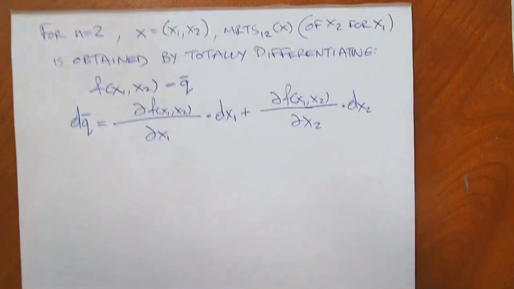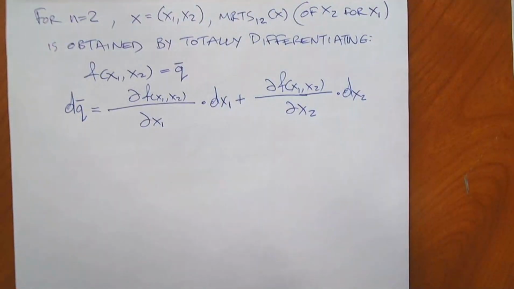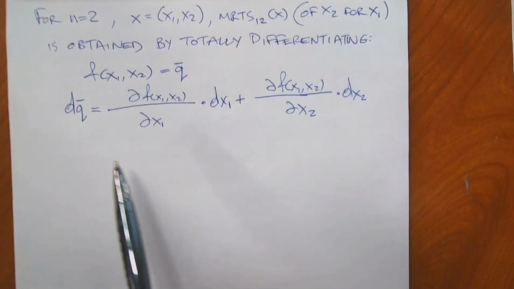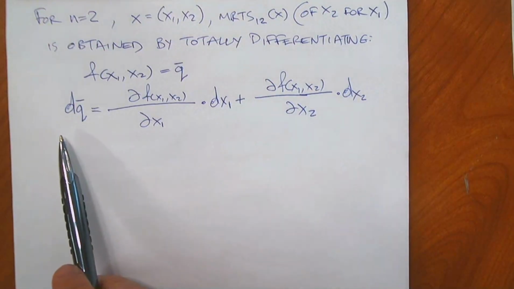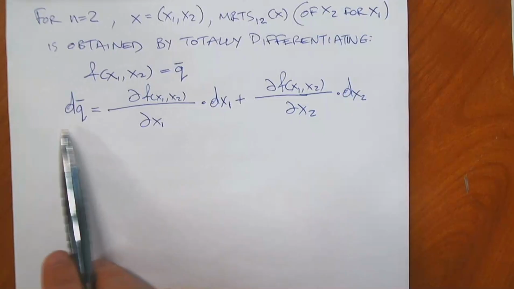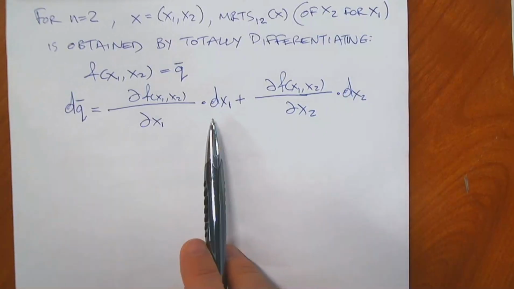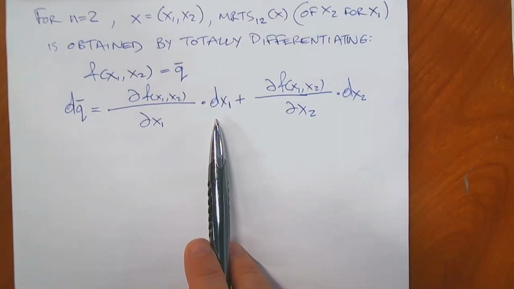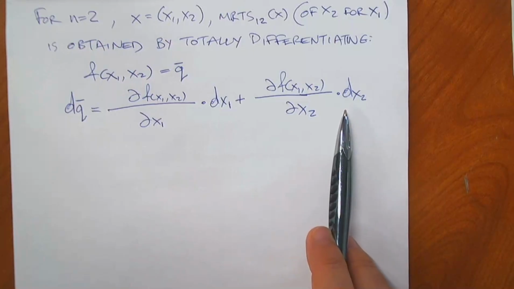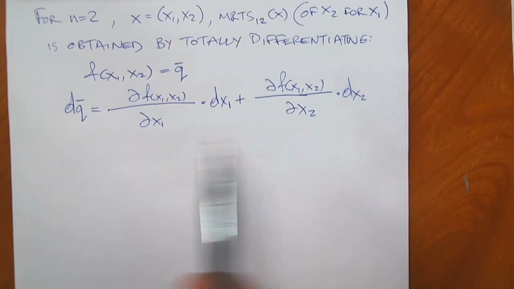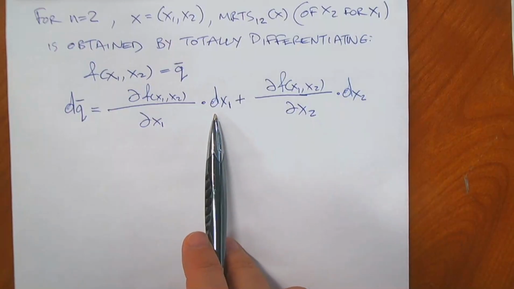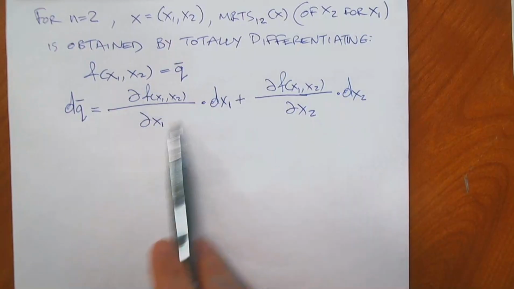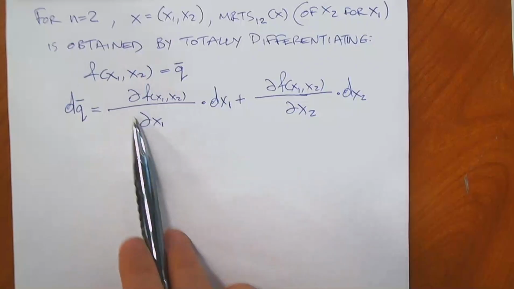So the idea here in total differentiation has to do with, well, if you're going to think about the change in this value, you could be changing x1 by a little bit, or you could be changing x2 by a little bit, right? Because the f has two arguments. Well, if you change x1 by a little bit, how much is the value of the f going to change?